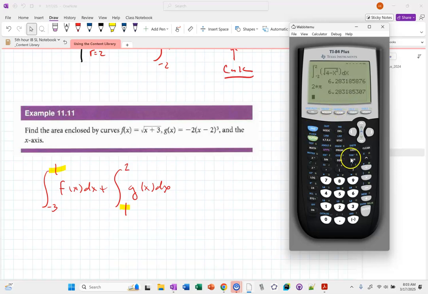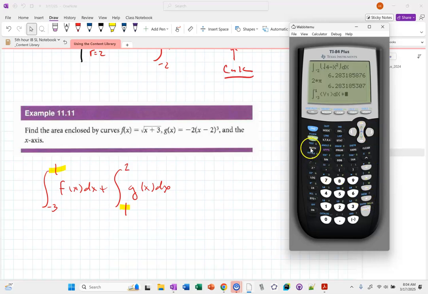So I'm just going to type this into my calculator now. So I'll do math fn int negative 3 to 1. And rather than typing that function, since I already typed it into the y equals menu, I can just do vars, y vars, function, and pick y1.